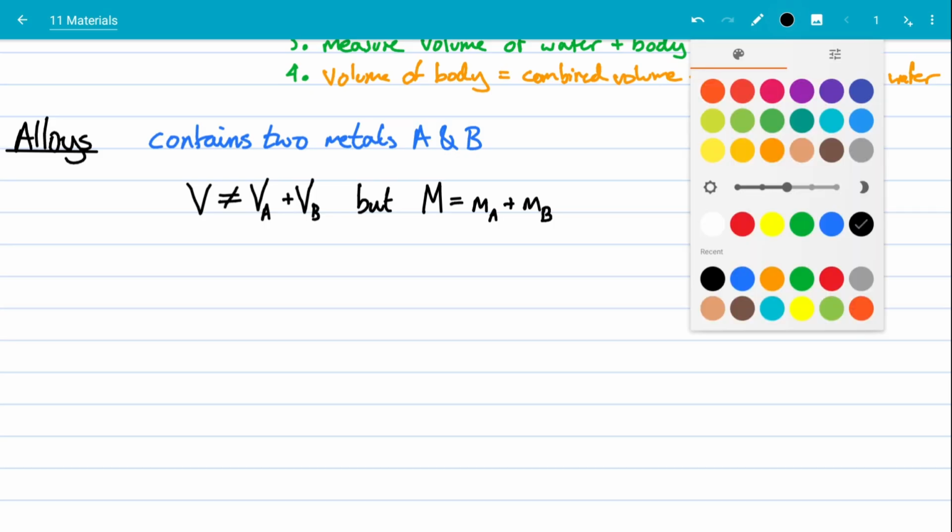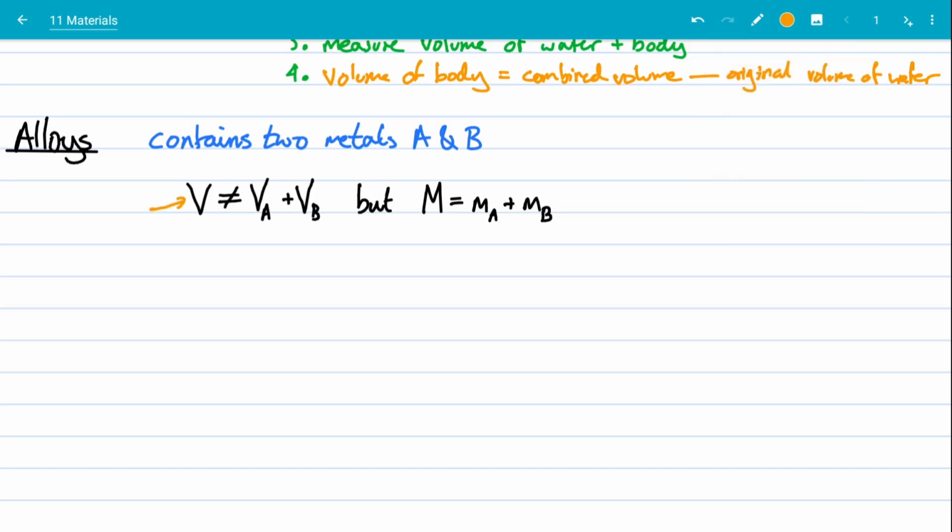So let's add some notation here. This is alloy volume, VA and VB are obvious, and M is alloy mass. MA and MB are obvious again: the mass of metal A and the mass of metal B.